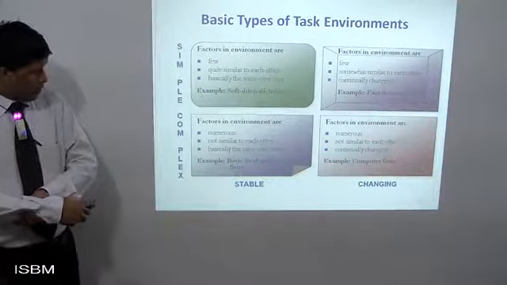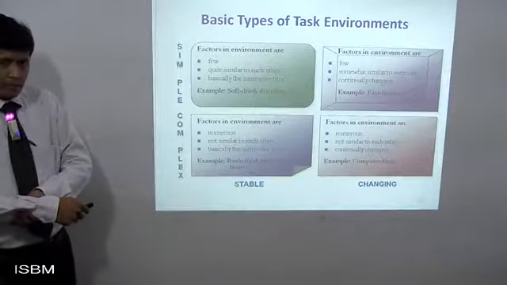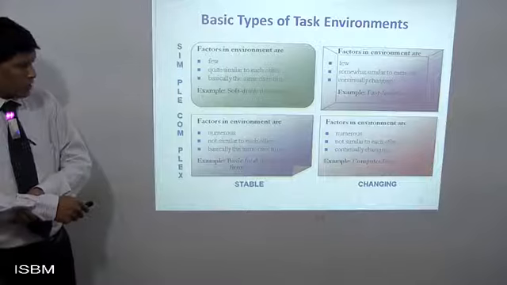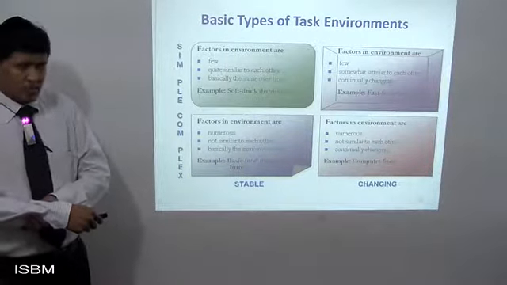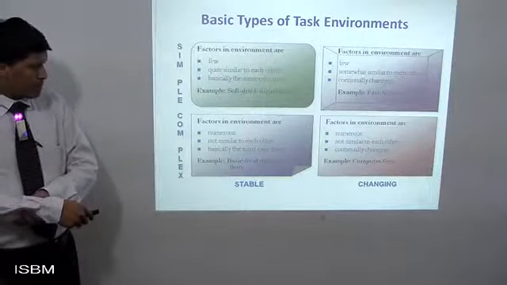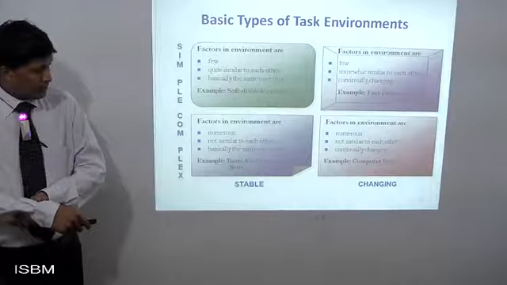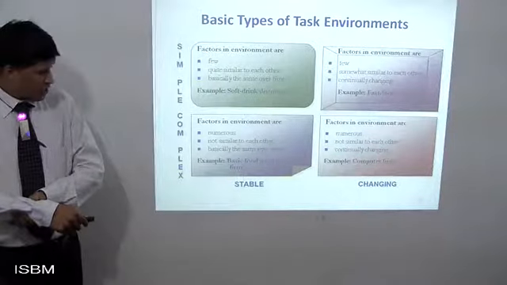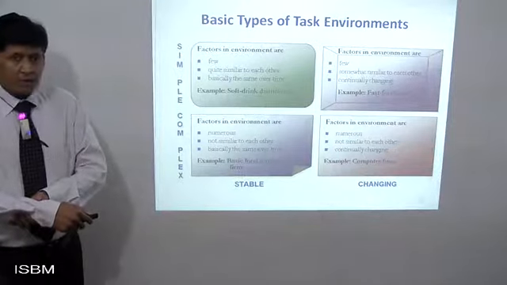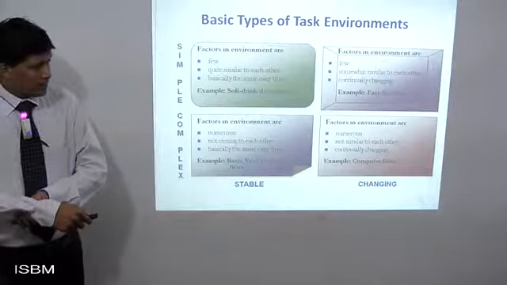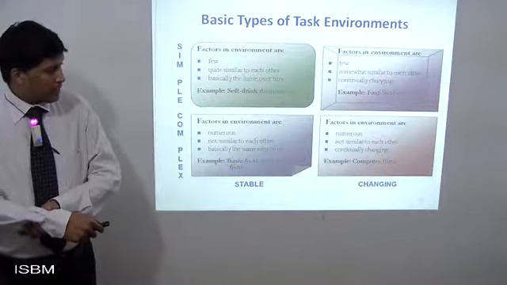Then the complex and stable, where the factors of the environment are numerous, not similar to each other, but basically the same over time. Examples are basic food production firms. Then where the business environment is changing and complex as well, the factors are numerous, not similar to each other, and continually changing.